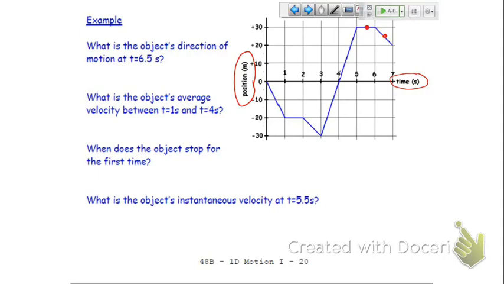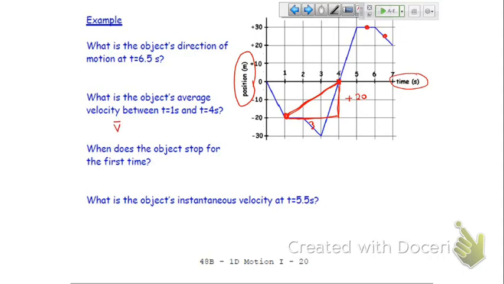What is the object's average velocity between 1 and 4 seconds? Average velocity is rise over run. So that would be plus 20, and that would be 3.